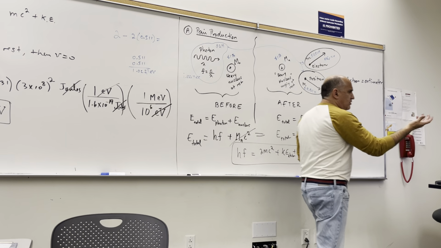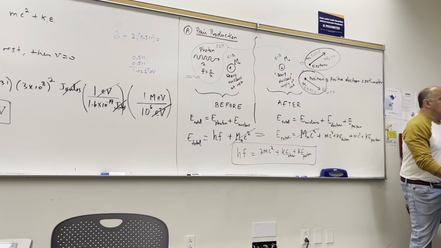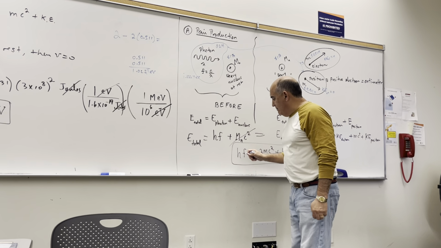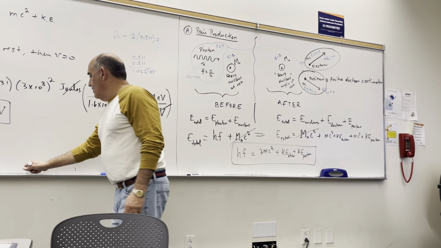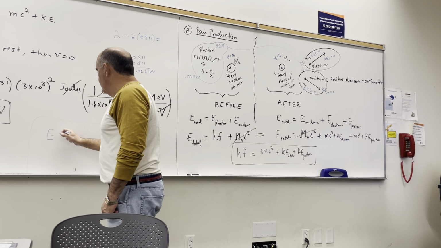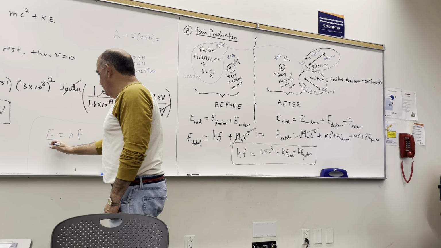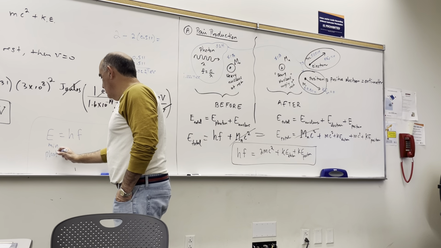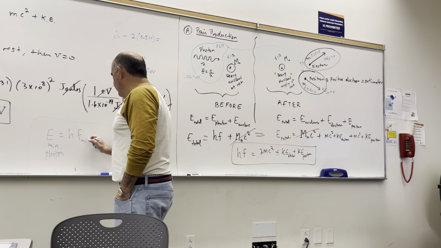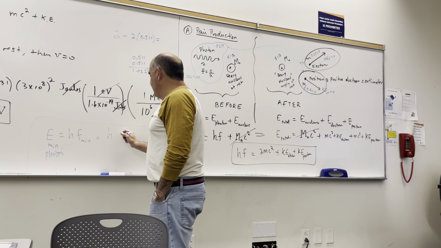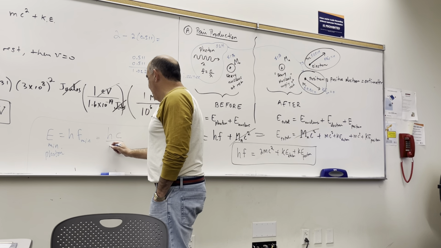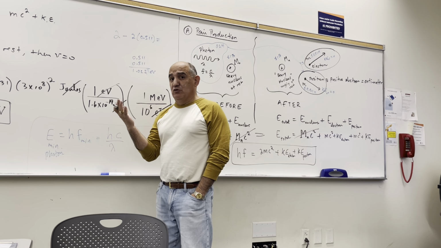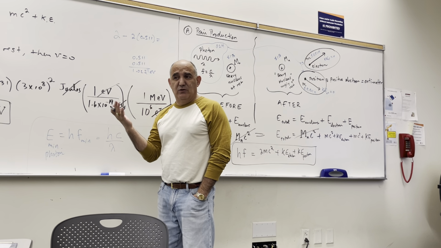I mean, there must be a homework problem, and then the question is, notice, if you want to know the minimum energy, that would be the minimum frequency of the photon. Now, because the frequency is the speed of the wave divided by the wavelength, if the frequency is the lowest, what must be true about the wavelength associated with that photon?